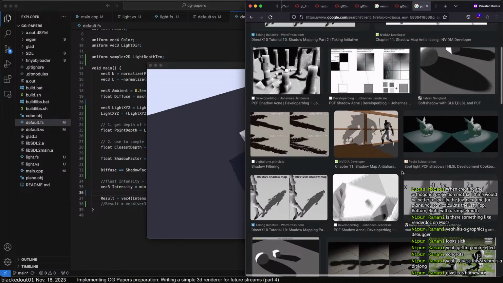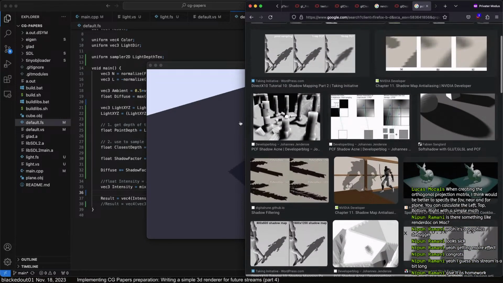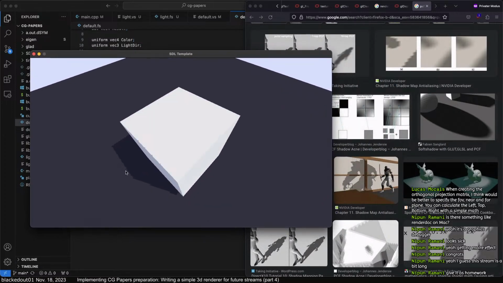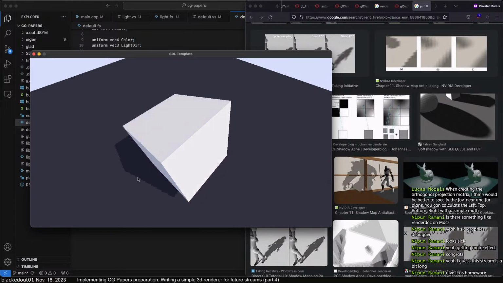I actually found a method to improve the quality of the edges, which doesn't actually take that long to do, but I don't know, it would still probably take like half an hour.